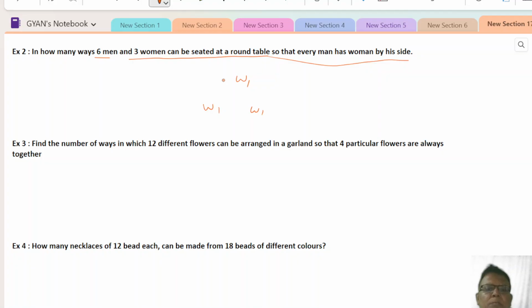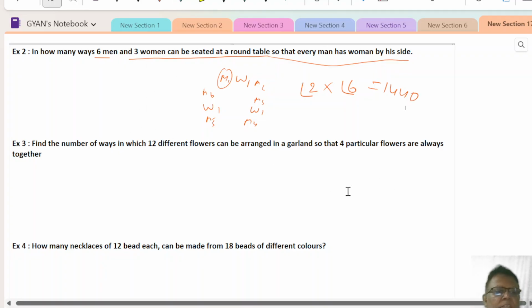Then the 6 men should be beside. So M1, M2, M3, M4, M5, M6. So women have factorial 2 positions because it's circular, and then if the women are fixed, the men have 6 positions. So factorial 2 into factorial 6, that is equal to 1440.